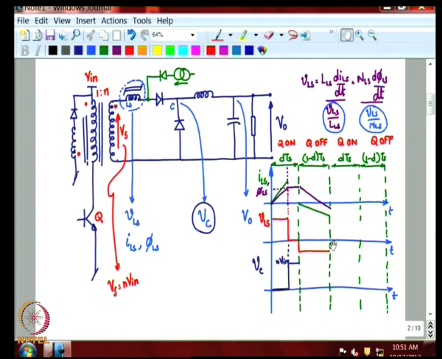Now, at the onset of the next period, the voltage again becomes positive, because the moment Q is turned on, the dot end on the secondary side becomes positive, NV in, and that appears across the inductor.